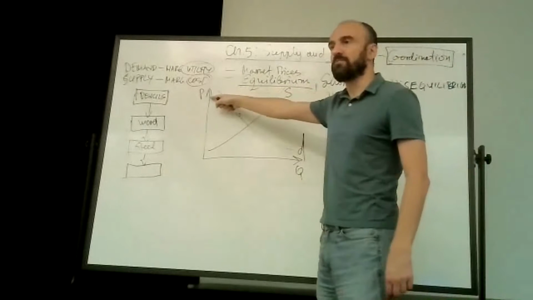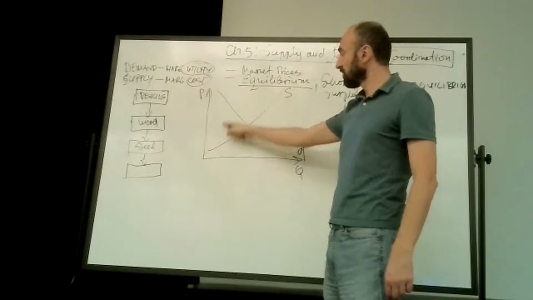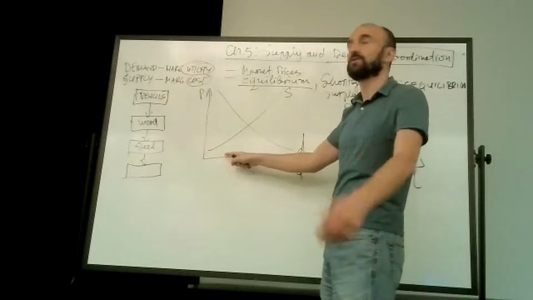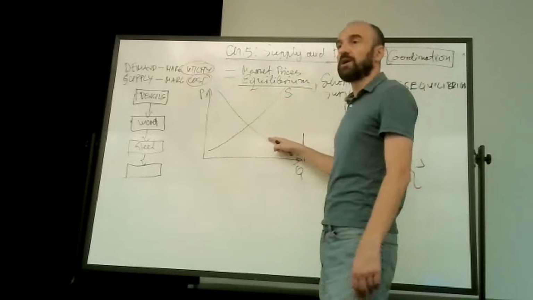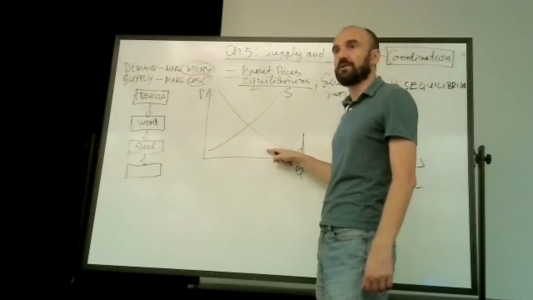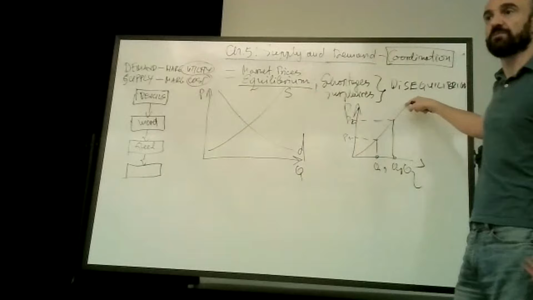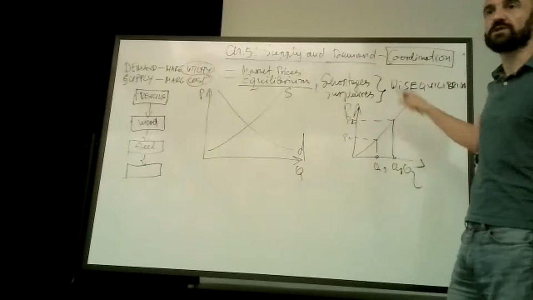We know with demand, at a higher price there will be a lower quantity demanded. People will buy less when something is more expensive, and more if the good is less expensive. With supply it is the other way around: as the price increases, firms will be producing more and more.